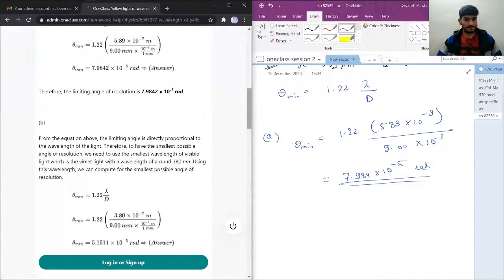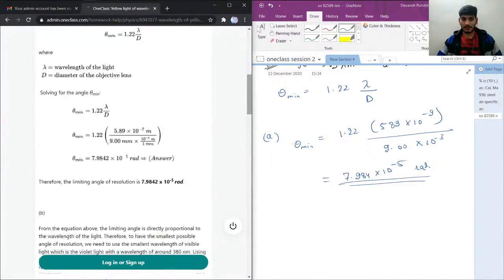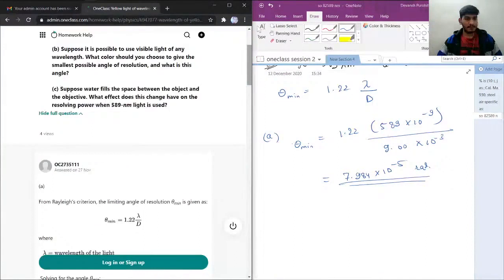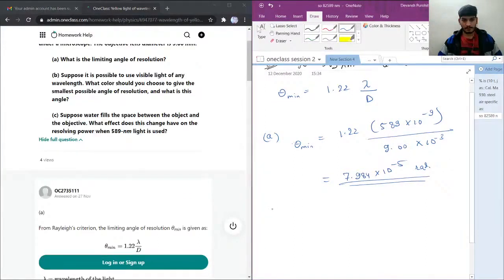Now, B part is, suppose it is possible to use visible light of any wavelength. What color should you choose to give the smallest possible angle of resolution, and what is this angle?